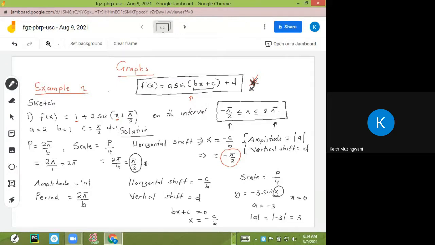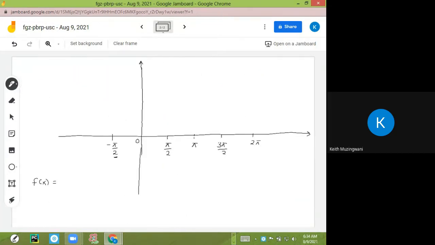So now, once we have these, they are called the x coordinates. Now, for us to sketch, we need also the y coordinates so that we can have points. So how do we obtain the y coordinates? We have our function 1 plus 2 sine of x plus pi over 2. So we know these are the values of x that we have on the scale, on the sketch.